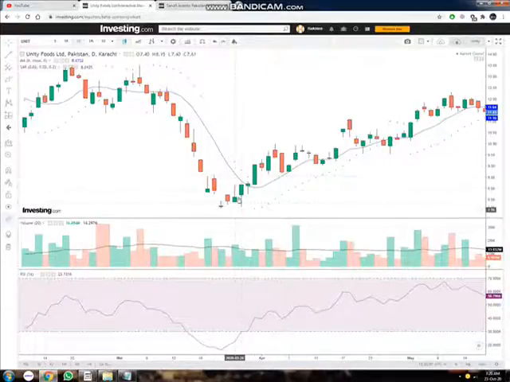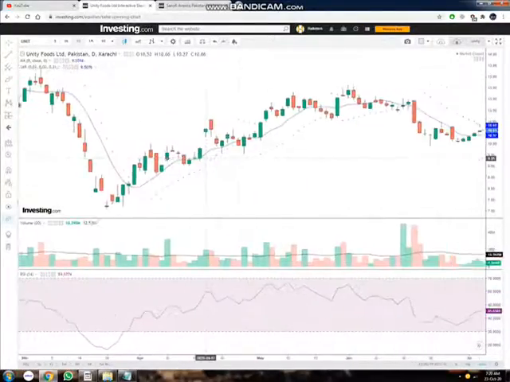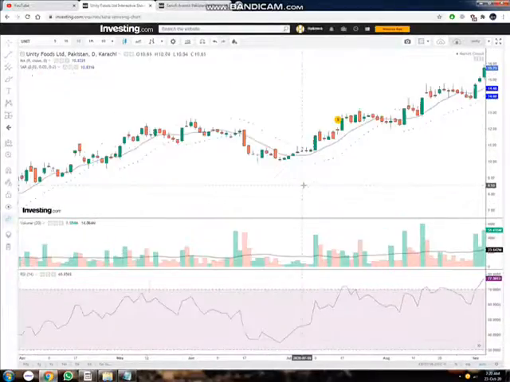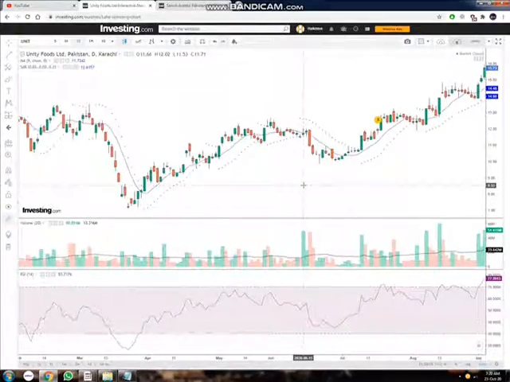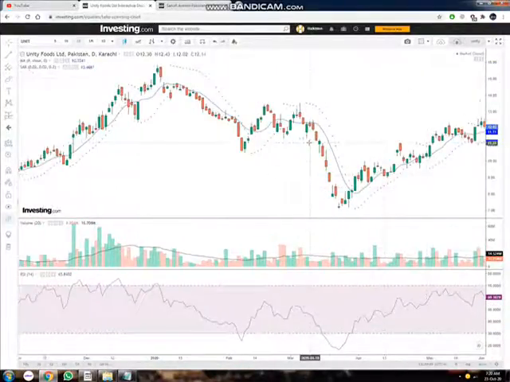But if you're not sure, you can also enter the market when the other two candlesticks are formed like this one, and the market starts to go back up. Whenever you want to close your buy position, place your stop loss so you don't lose much of your profit, and close your position when you recognize that the market is going down.